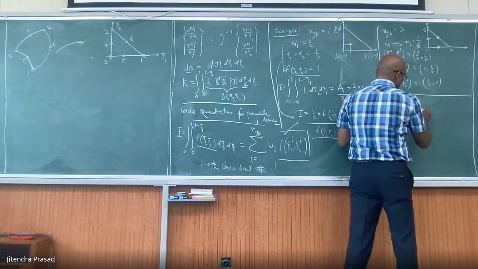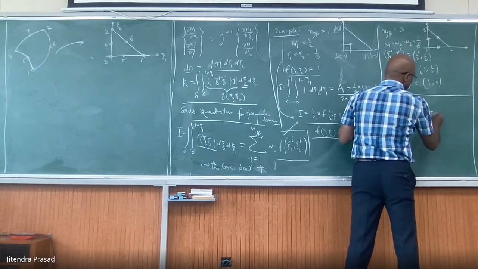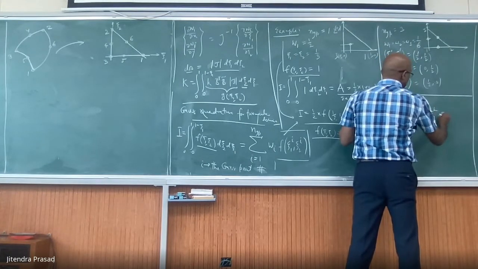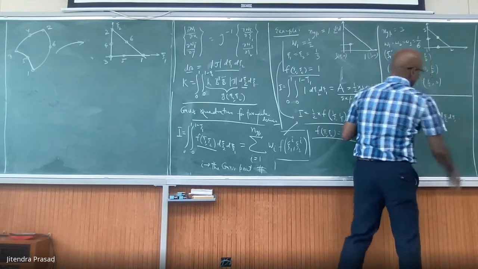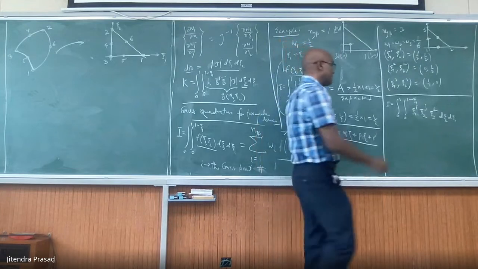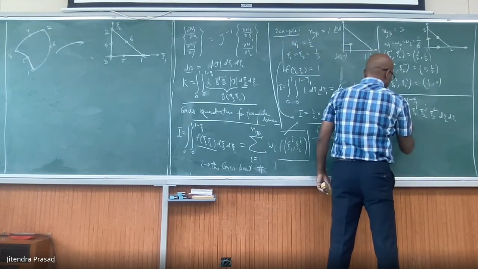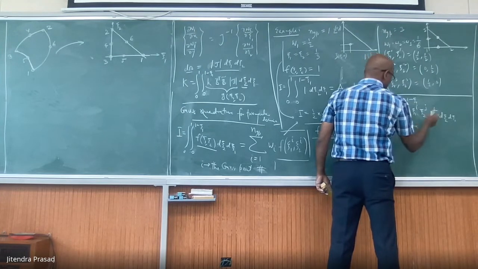Let it be clear anyway. So xi1 to the power i, xi2 to the power j, and xi3 to the power k, d xi2 d xi1, where i, j, k are natural numbers basically.